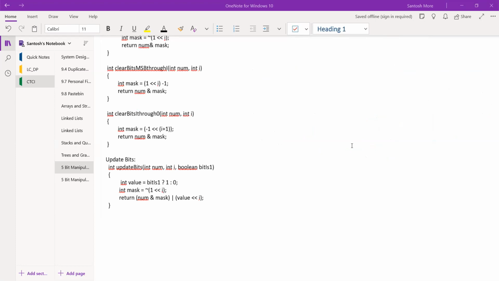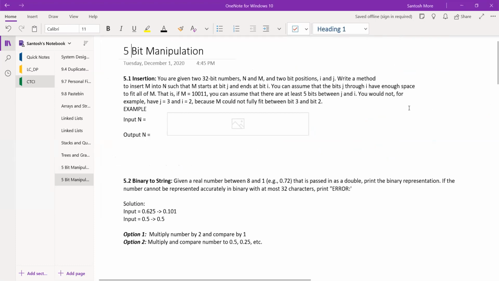So now let's quickly go through the examples. The first one is a very simple one, and I think we have been doing that in our LeetCode also. It talks about insertion.